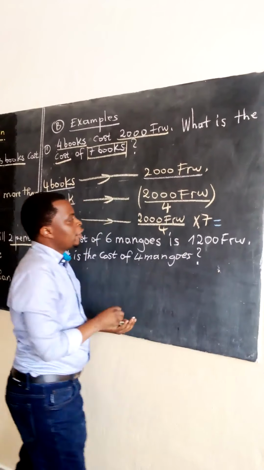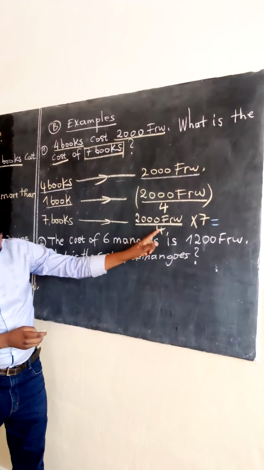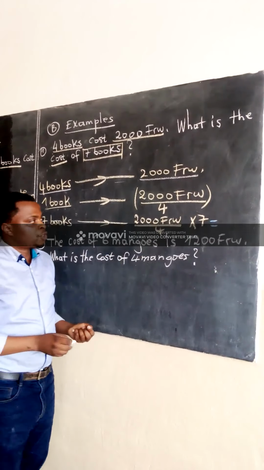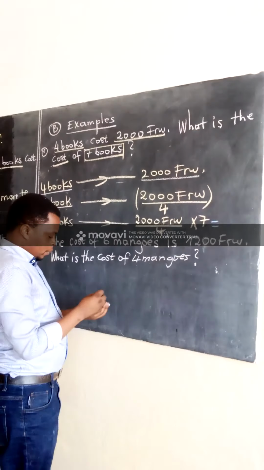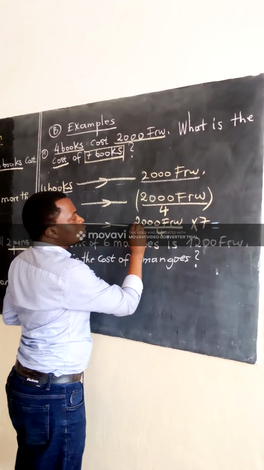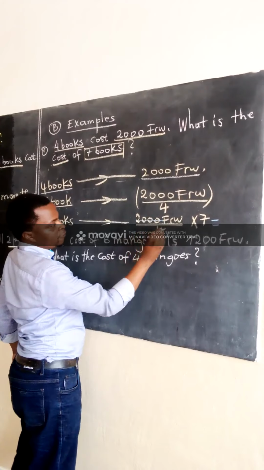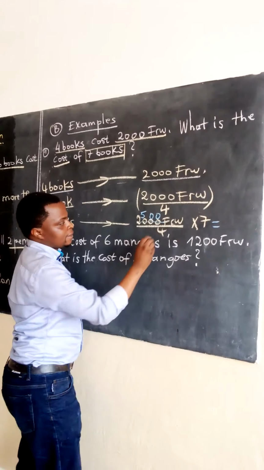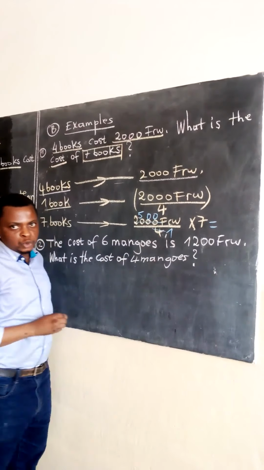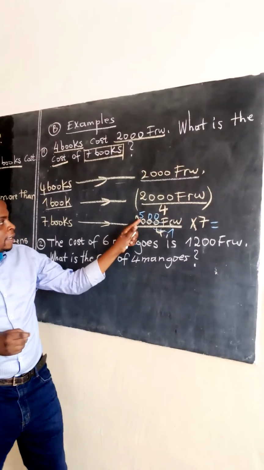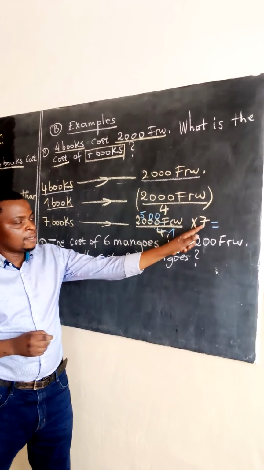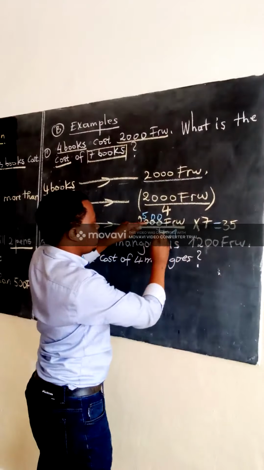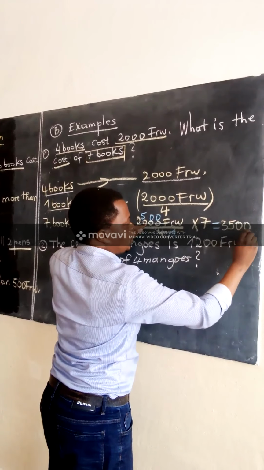We know that 20 divided by 4 equals 5. You can simplify everywhere by 4. Thereby 2,000 divided by 4 equals 500 francs, and 4 divided by 4 equals 1. Then you multiply 5 times 7 equals 35, and you add 2 zeros.